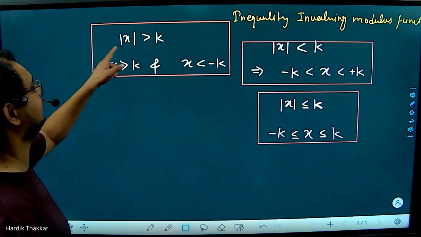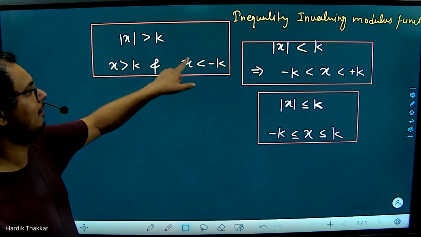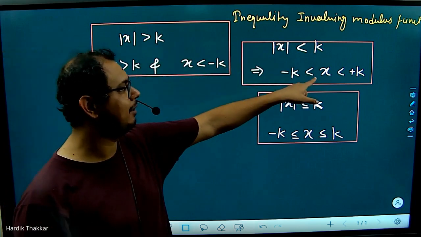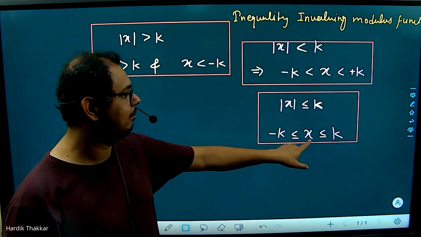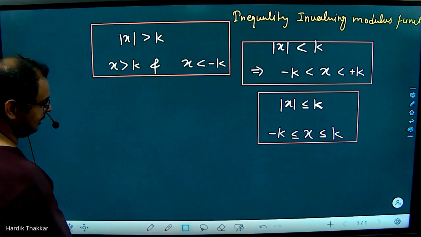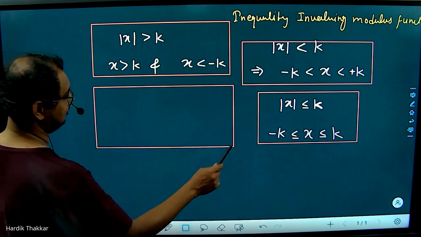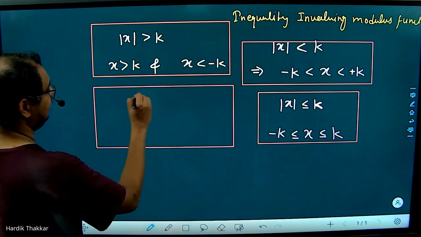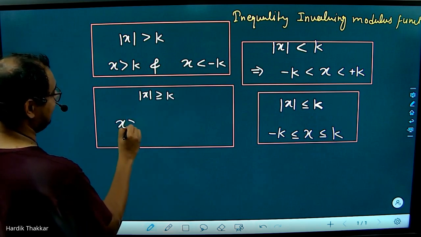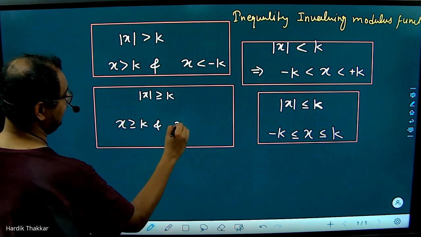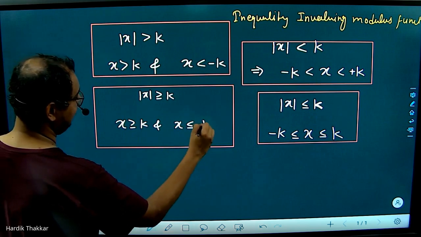If it is less than k, the inequality will be like this. If it is less than or equals to k, it will be like this. If we have greater than this, then we will write it like this. Similarly, mod x greater than or equals to k, the inequality will be x is greater than or equals to k and x is less than or equals to minus k.